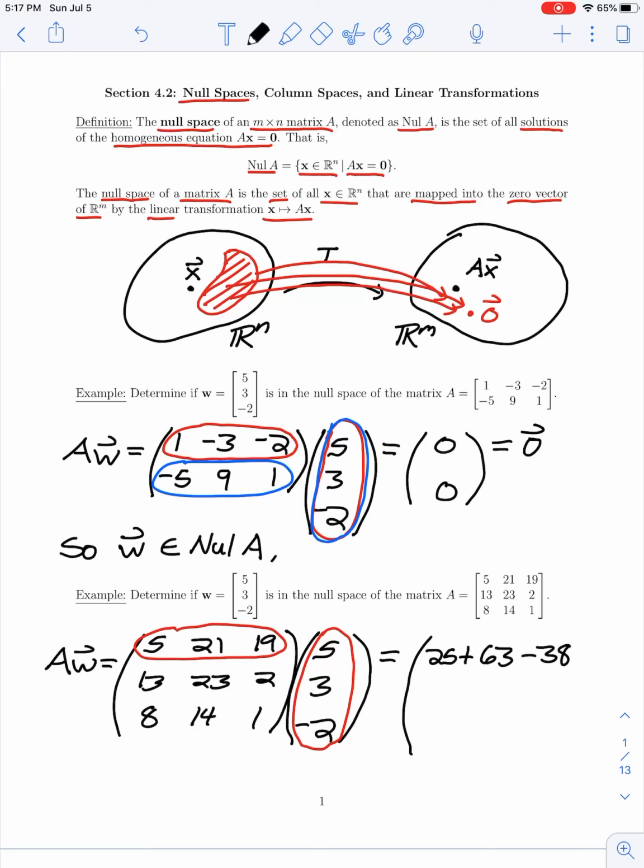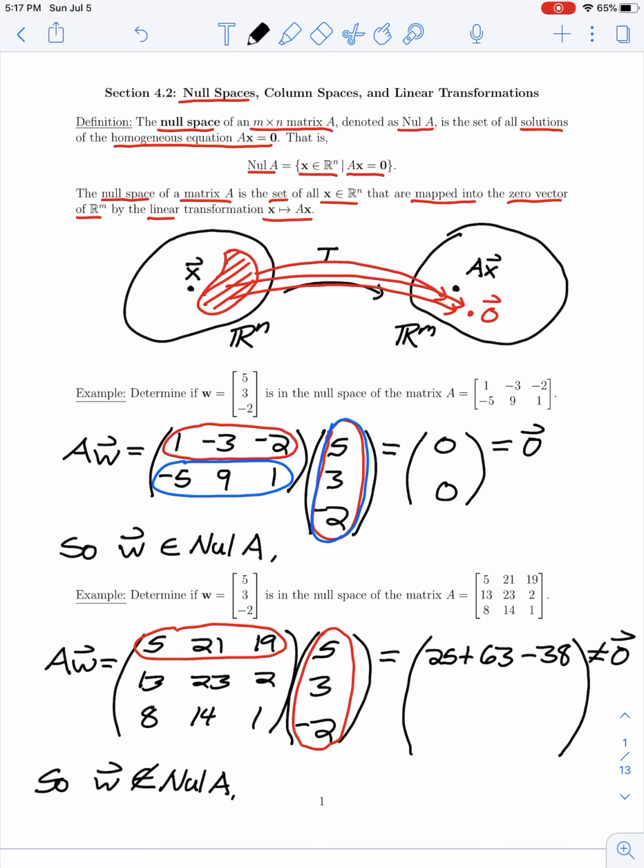So immediately we can see that the entry in the first row is non-zero. So this is not going to be equal to the zero vector. So we can immediately state that w is not an element of the null space of A. If we wanted to calculate the other entries of this product, we could, but it's not necessary.